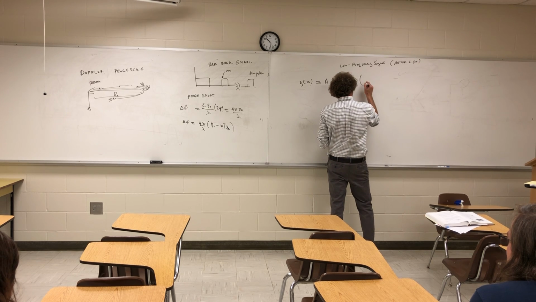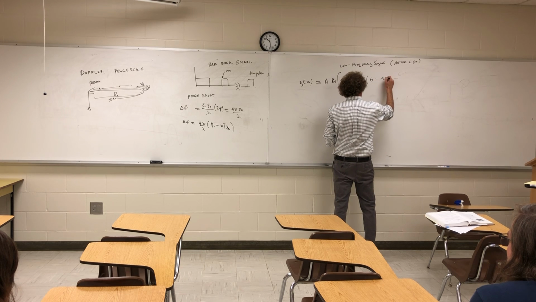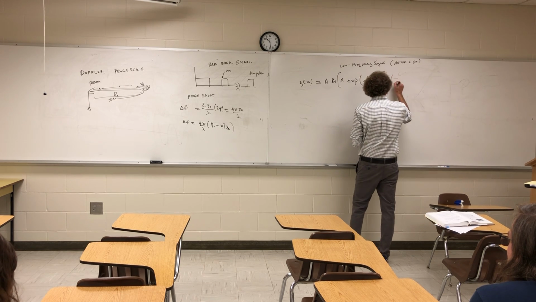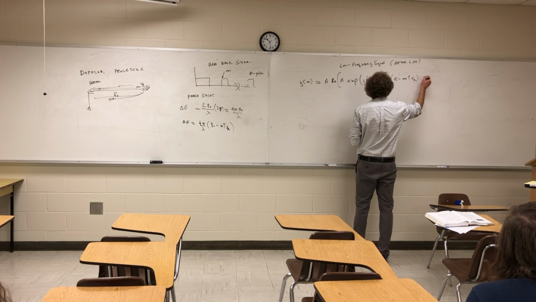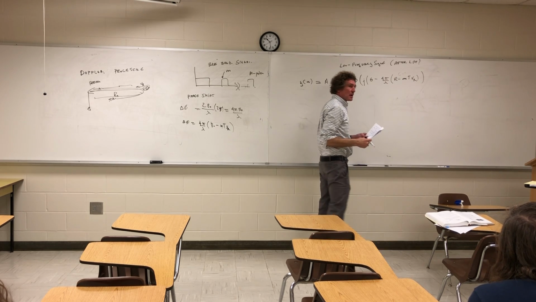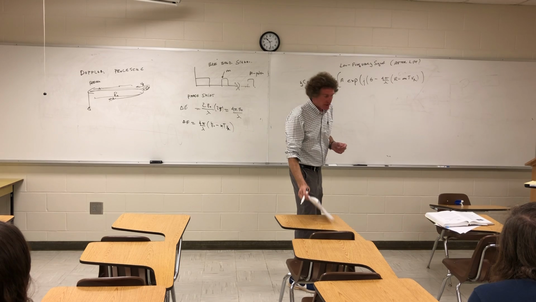EXP to the J, and then he's going to leave the phase angle in here, minus 4 pi over lambda, and now it's going to be R minus M times T times velocity in the radial direction. Are you with me on this one? This will make sense in a second.